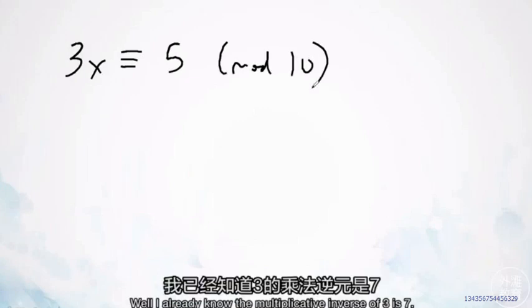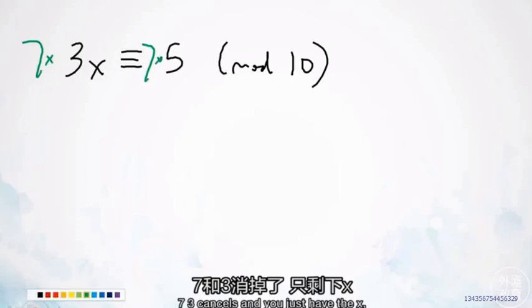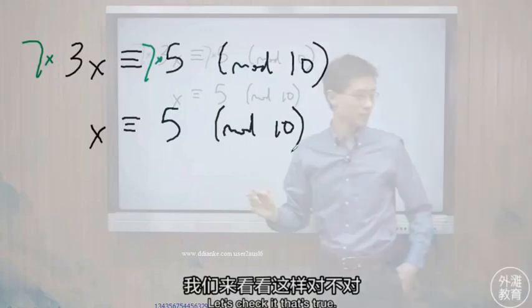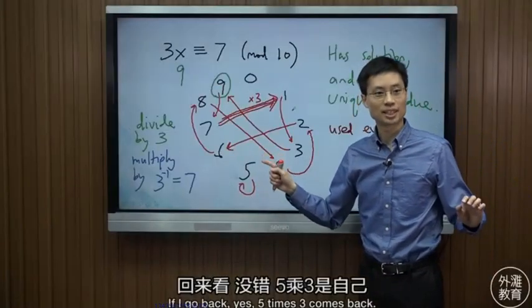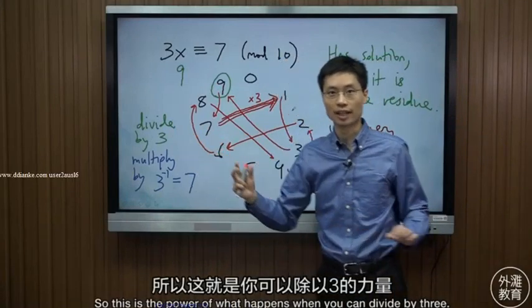Well, I already know the multiplicative inverse of 3 is 7, so I multiply by 7 on both sides. 7 times 3 cancels, and you just have the x. 7 times 5 is 35, so mod 10, x is 5. Let's check, is that true? If I go back, yes, 5 times 3 comes back. So this is the power of what happens when you can divide by 3.